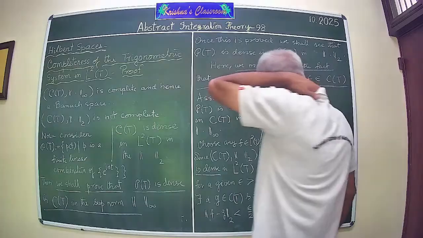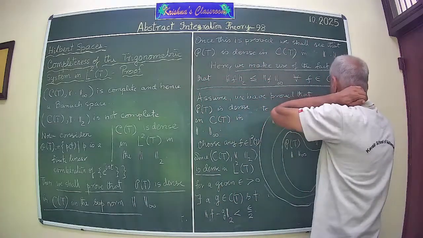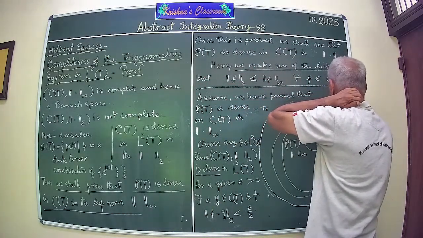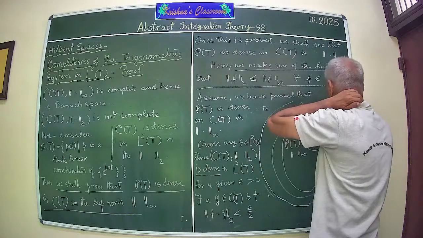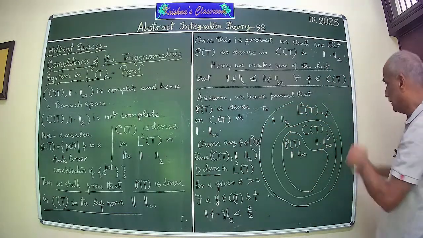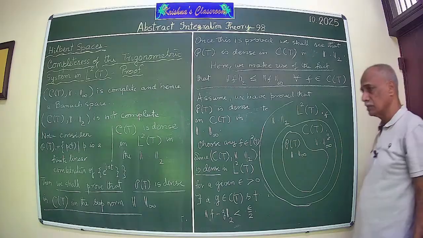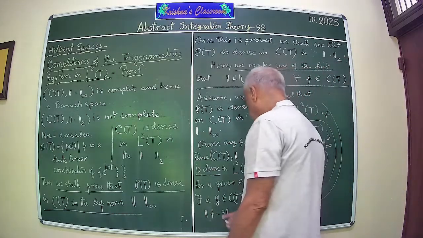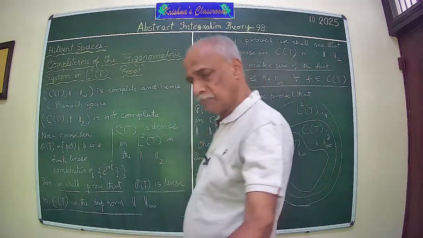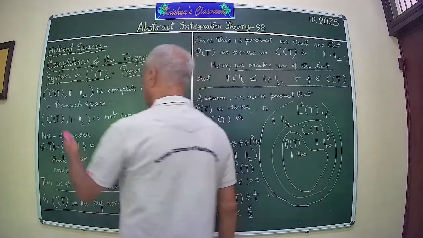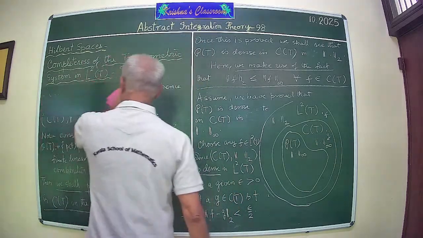So given f, there is a g such that the distance between f and g is less than epsilon by 2 in the L2 norm.